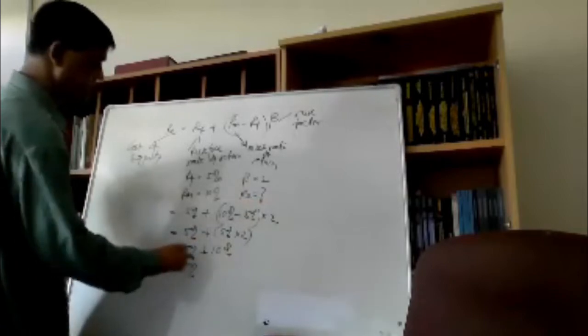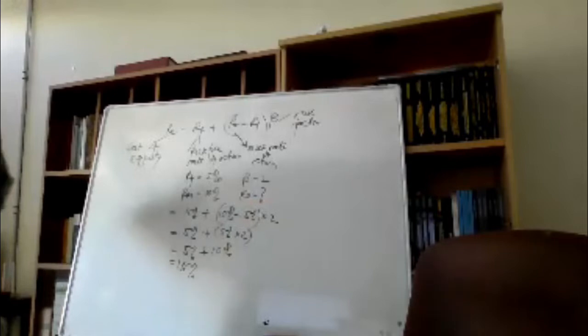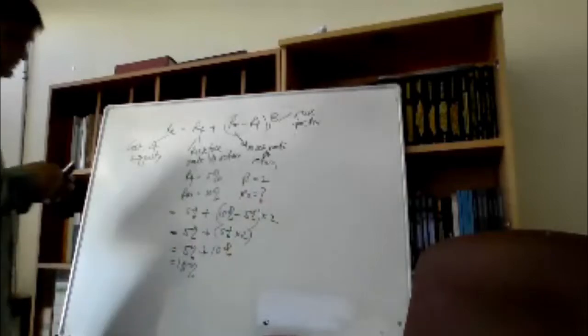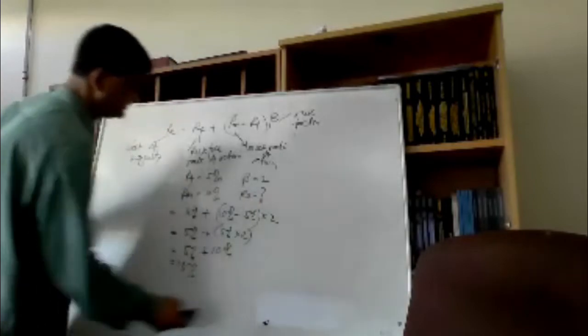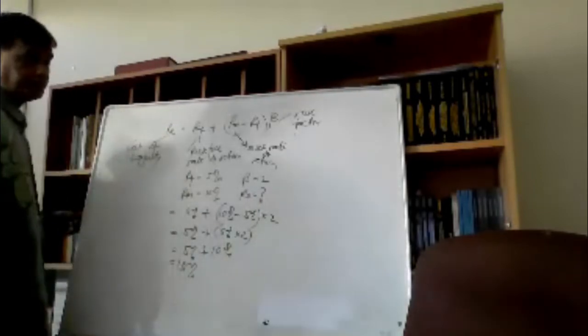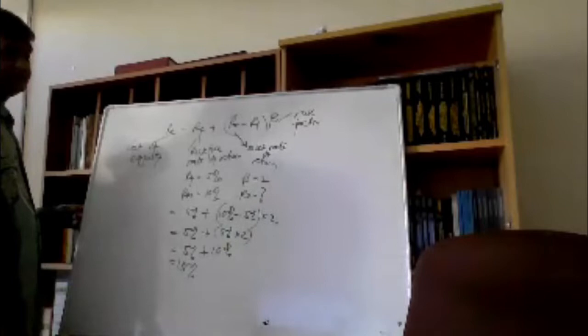Is that understood? It's a very simple one. I'm starting with a very simple one. Is that clear now? Clear, sir. Okay. Now I will erase this. If you have copied it already, I'm going to erase it now.